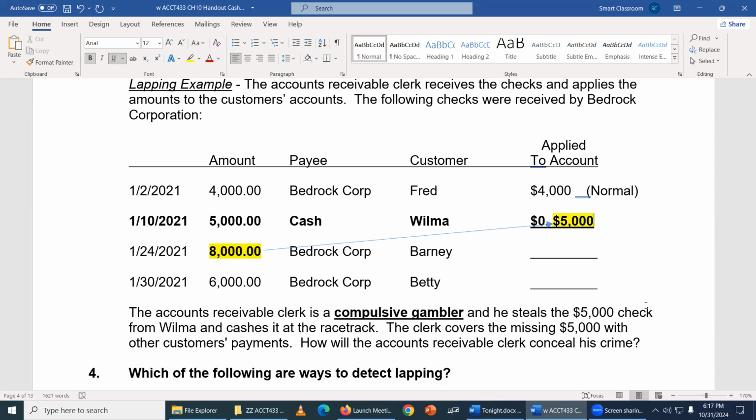How much are we going to put in Barney's account? The other 3,000? Yep. So the other 3,000 we are going to put in Barney's account.